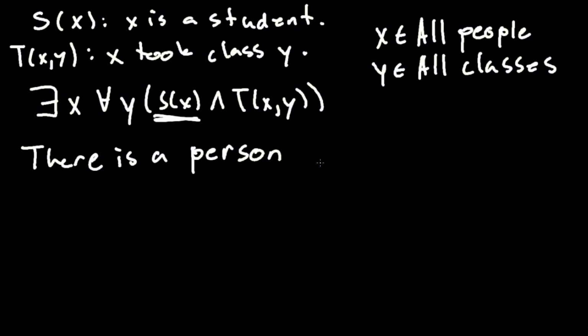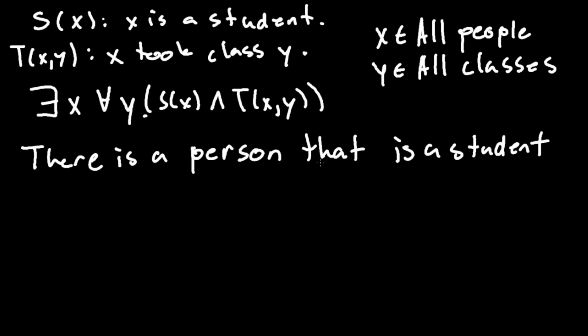that is a student, okay? That is a student, because one of the main things inside of our compound predicate right here is student, right? That person has to be a student. So there is a person that is a student, right? That T, right? That student took all classes, right?